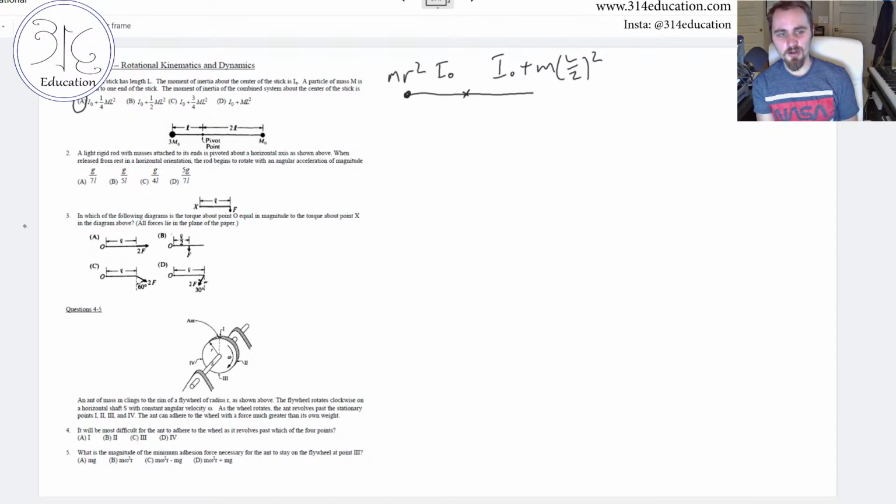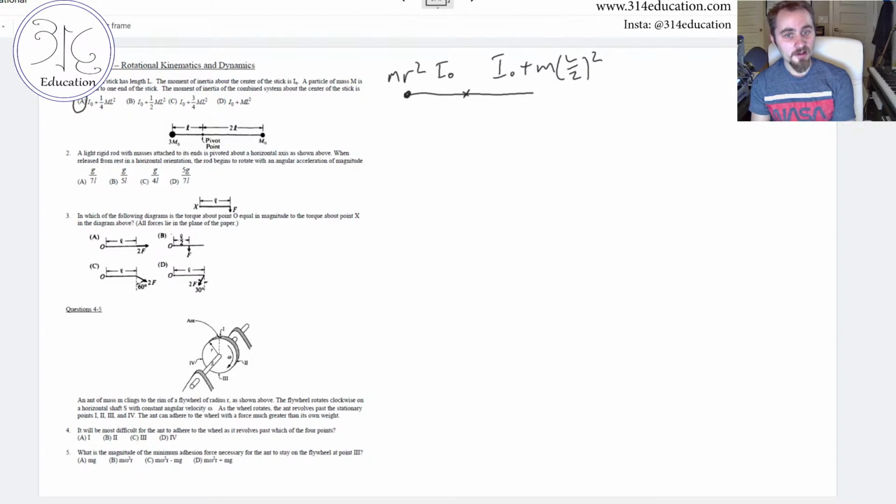This is kind of a tricky one. I bet a lot of people will go for B. B is a very appealing choice because it's half of mL squared, but you include the half under the square, so it scales down. It's okay if you guys missed that one.